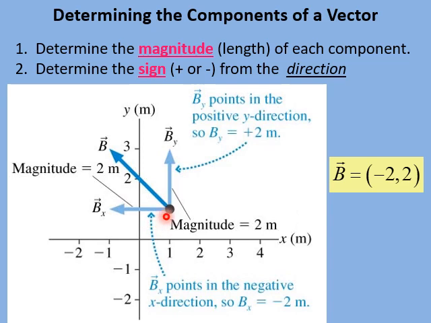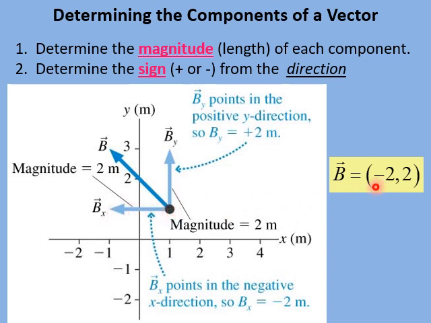So you can see that the x component vector of B actually points to the left, because remember, B is pointing to the left. And how far does it go? Well, it goes from 1 here to -1, so it has a length of 2. So this component is 2, however, it's -2 because it's going to the left.